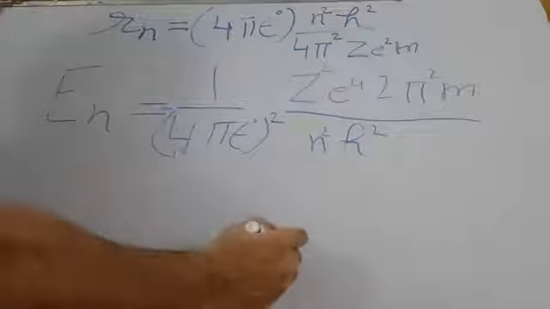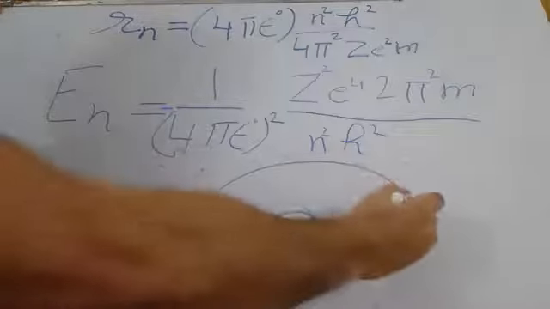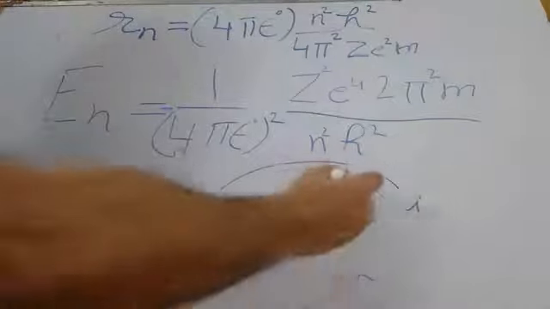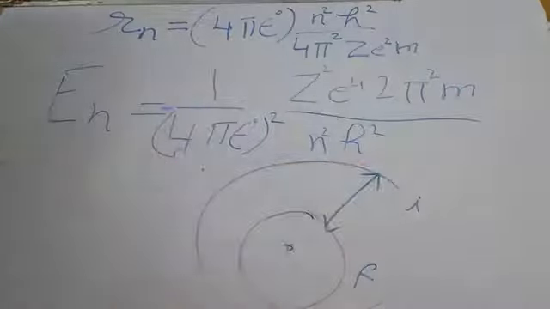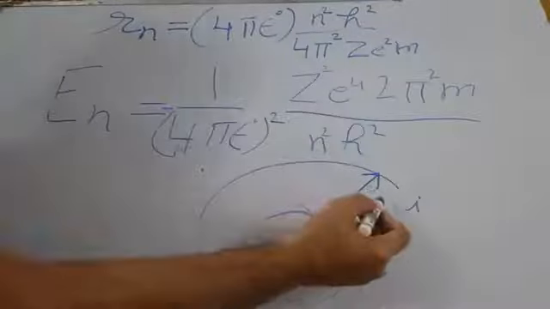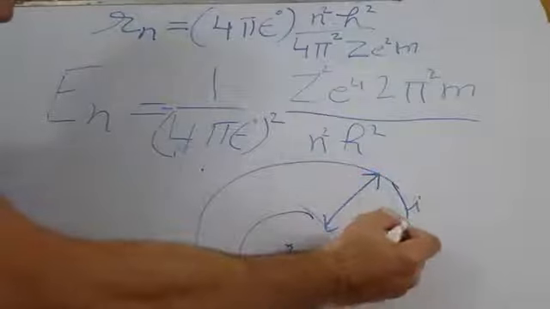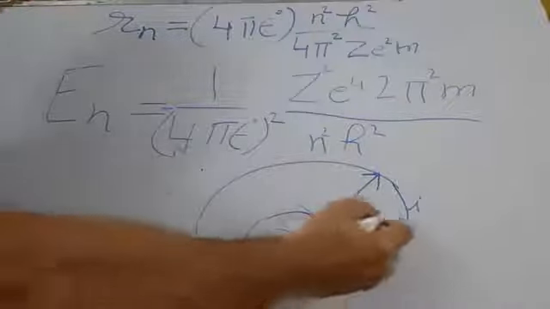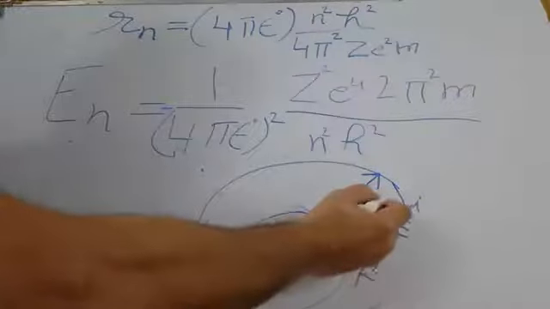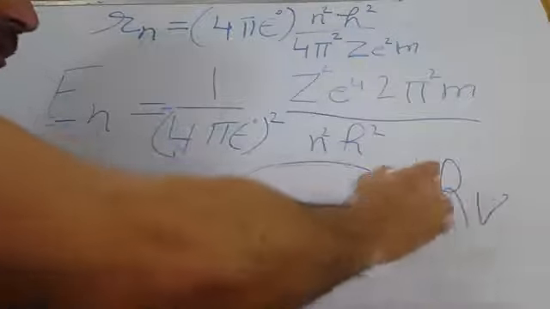Now, see, this is initial, this is final. Therefore, in transition, the energy released would be the change in energy of the electron. The energy of the electron in this orbit, what is the difference? That difference is emitted out in the form of a single photon, which is equal to h nu.